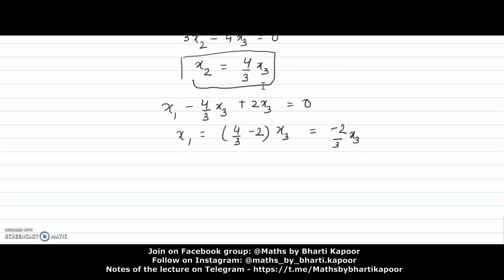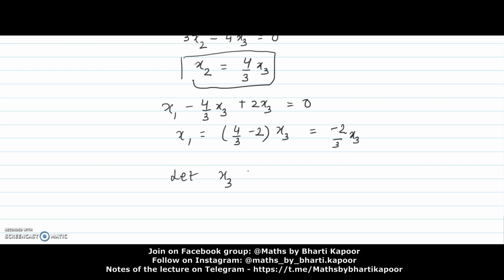So the values of x2 and x1 depend upon the value of x3, where x3 is any real number. So x3 can take infinitely many values, and so will the values of x1 and x2.